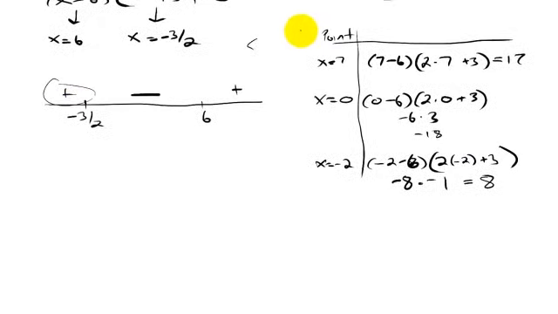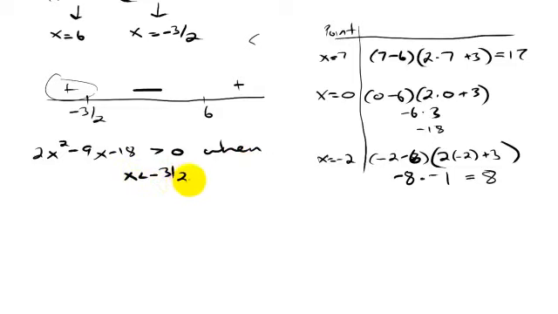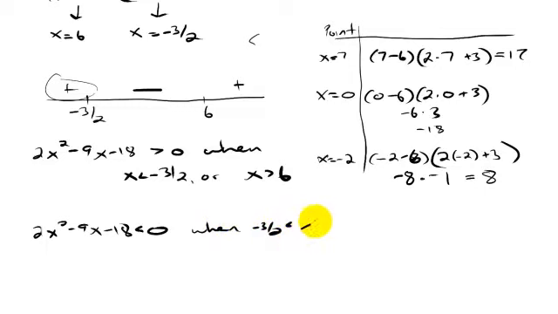Alright, so let's interpret this number line. We know 2x squared minus 9x minus 18 will be positive when x is less than negative 3/2 or x is greater than 6. And we know that 2x squared minus 9x minus 18 will be less than 0 when you are between negative 3/2 and 6.